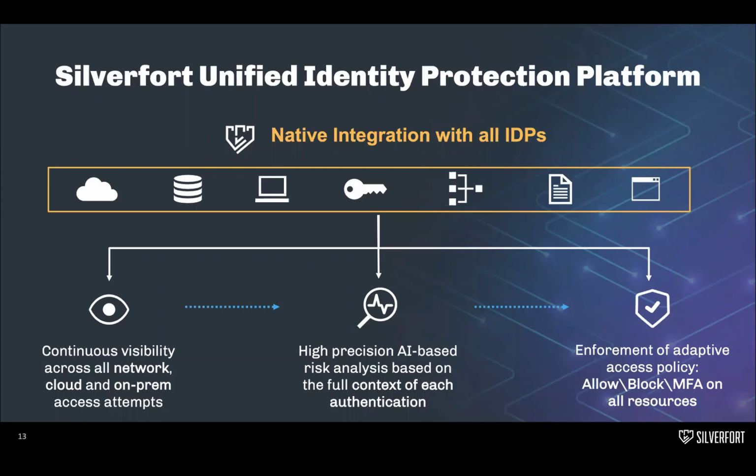It doesn't matter if it's a legacy application that your dev team wrote 20 years ago, or an endpoint access or file share or anything else, every resource that you have accessed by any user is monitored, analyzed, and protected.